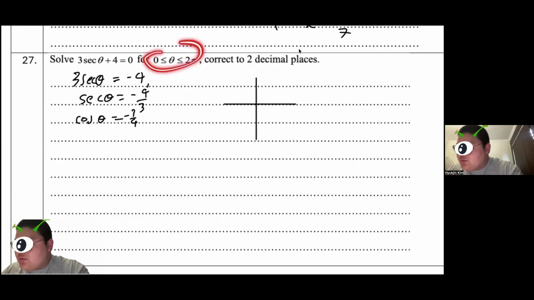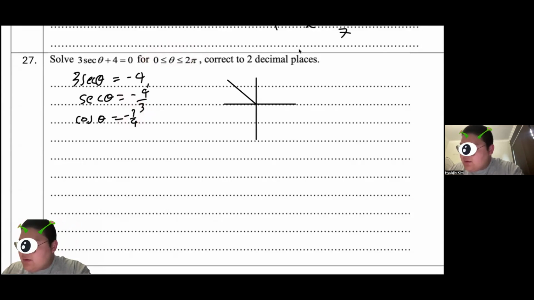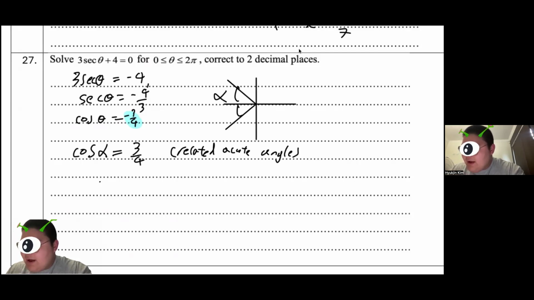It's going from 0 to 2 pi. That's normal, and it's negative, so I know it's going to be these two angles. But I need to find the related acute angle first. Remember, you guys make this mistake a lot. If you have a negative, just make it positive, so it becomes just 3 on 4. Related acute angle. Okay, so now alpha becomes cos inverse of 3 on 4.